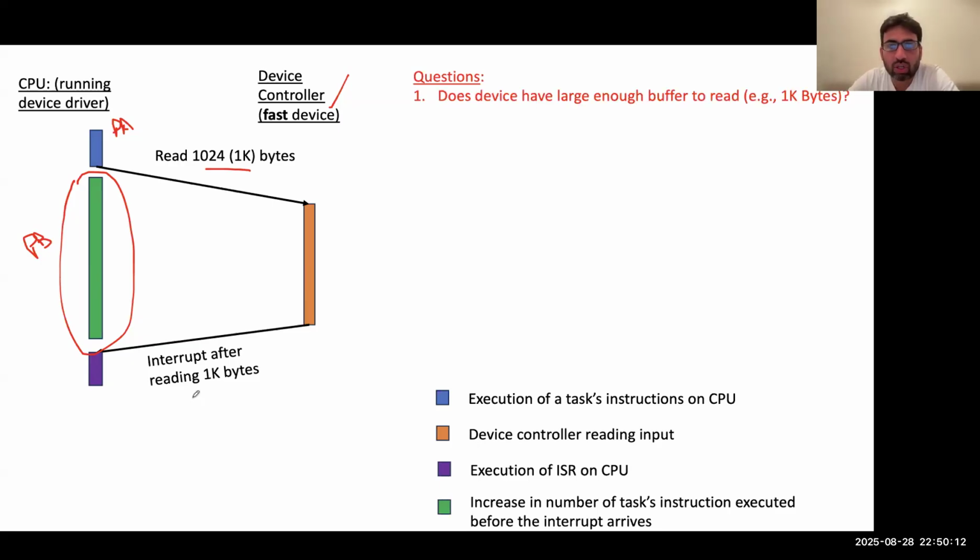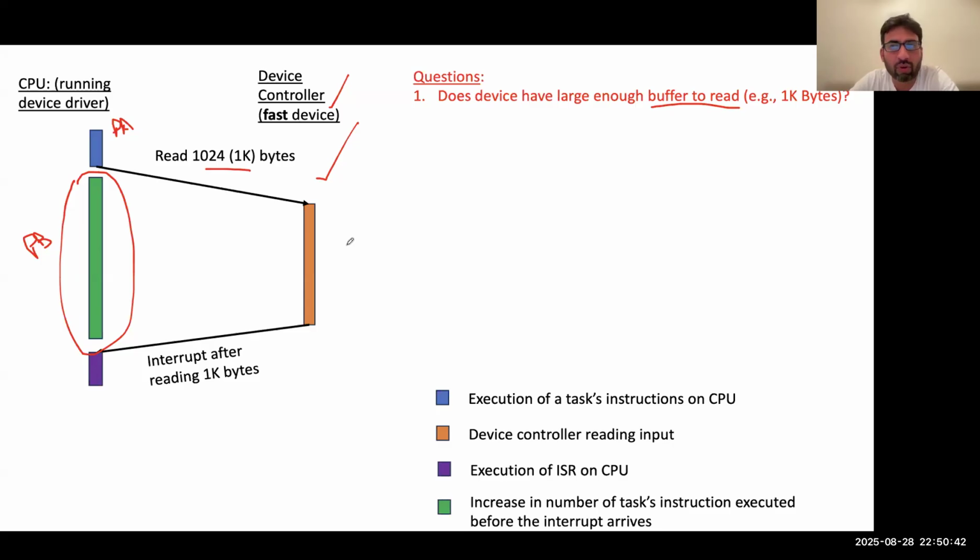However, there are some issues. In order for this approach to work, we need to have a large enough buffer to read, right? So we need to make sure that the device whom we are asking to read 1 kilobyte of data has a large enough local buffer to store that data after reading it from the device, so that once the whole data is read, only then it will send the interrupt.